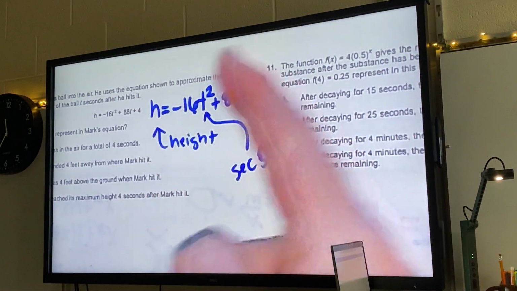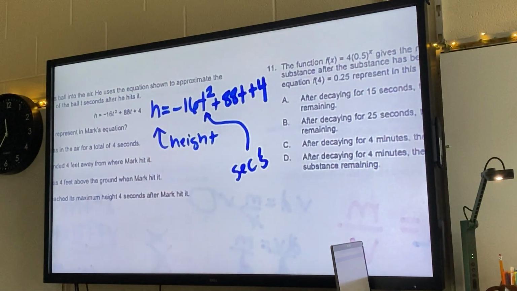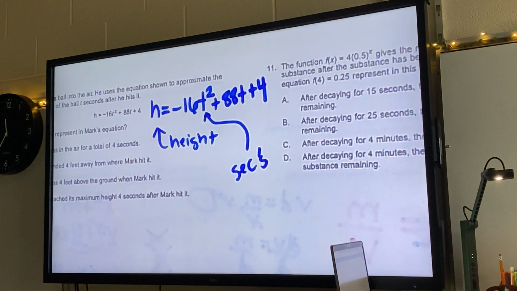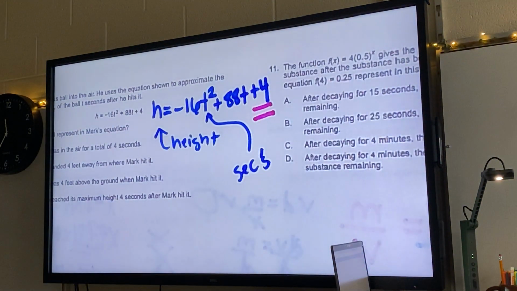So when you plug in a time, it gives you a height. They want to know, what does this plus 4 represent in this situation?